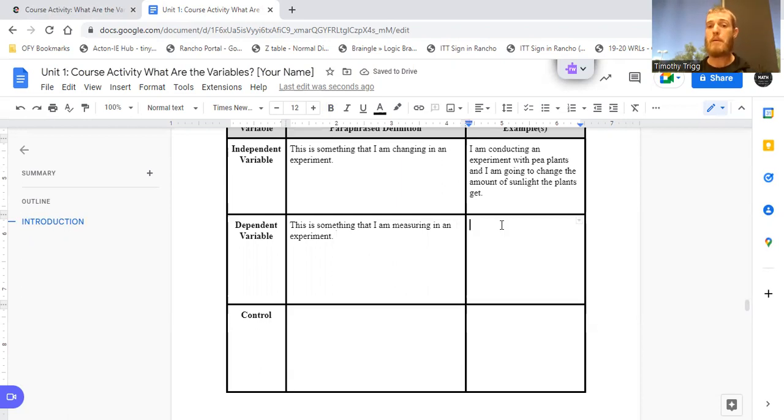Okay, something you're measuring in an experiment. So in this example with the pea plants, we might want to measure the height. I measure the heights of the pea plants.